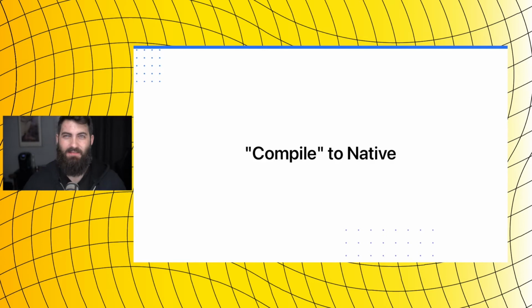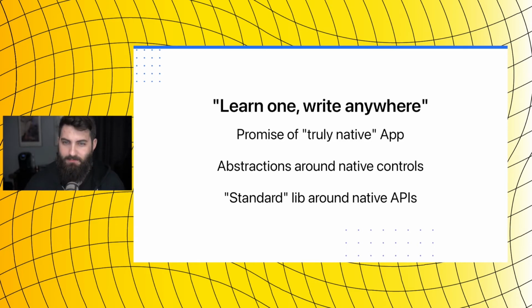And these are the compiled-to-native solutions where they give you abstractions around the native APIs based on certain languages. And they kind of throw out the idea of write once, run anywhere, and learn once, run anywhere.